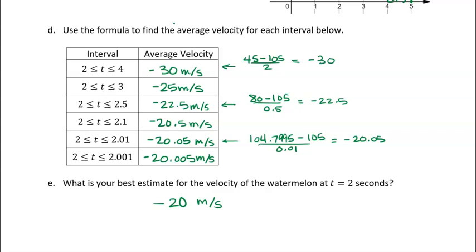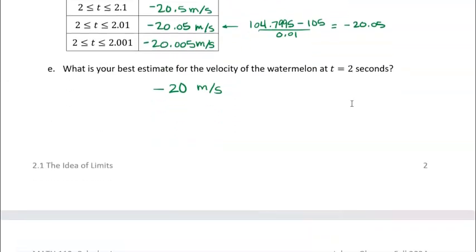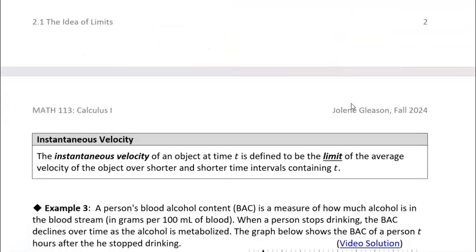Just like in my car, when I'm driving down the road, my speed may vary over time, but when I glance down at my speedometer, I can see what the speed is at any given instant in time. And so that is our next big concept in this section, which is instantaneous velocity, the velocity at an instant in time.